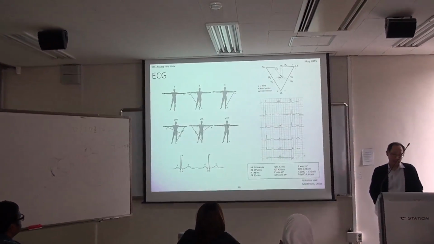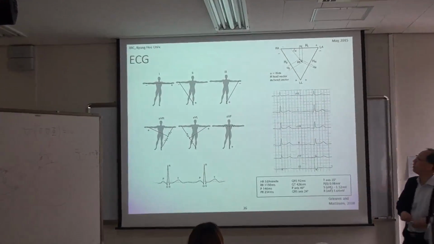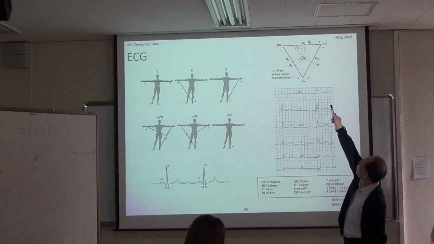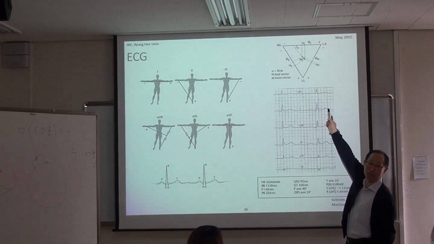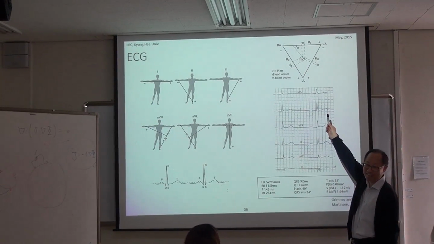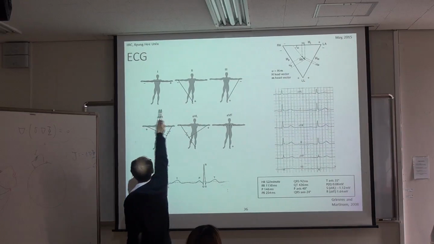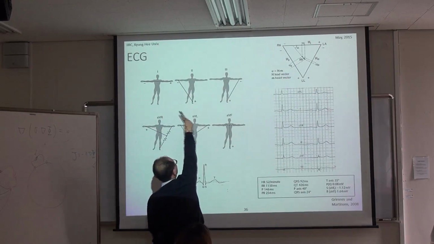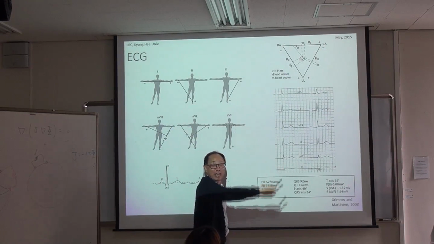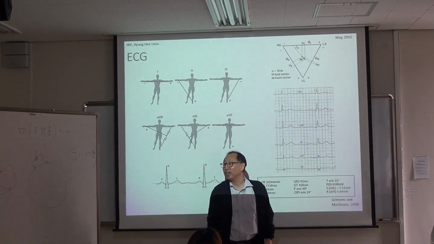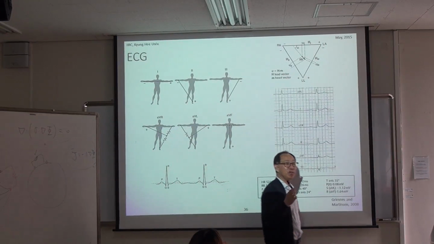Okay, so you can understand the triangle over there in a better way. So this is lead 1, lead 2, lead 3. They form a triangle, and each of them defines one lead vector.